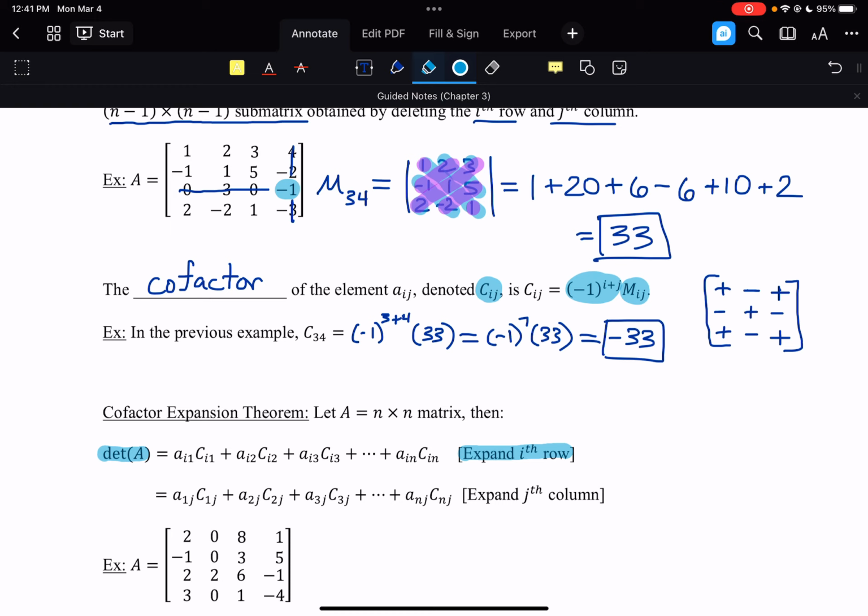Or that's also equal to a_1j C_1j plus a_2j C_2j, etc., corresponding to the expansion of one of the columns of the matrix.